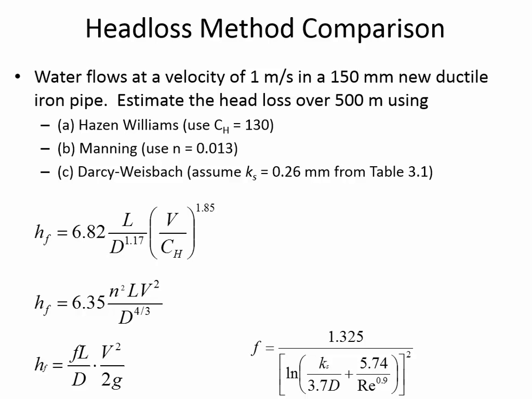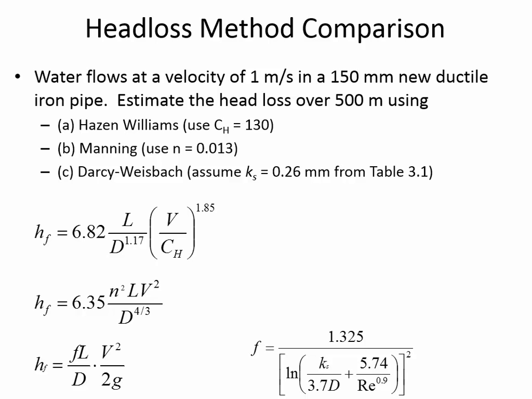And we haven't even started the substitution into the Darcy-Weisbach equation itself yet. We're still just focusing on how rough is the pipe for these conditions. In the other two methods, how rough is the pipe in these conditions isn't a question you even ask. It's just, here's the roughness value for the pipe. It's not condition specific. But now that we have the f value, we can substitute it into Darcy-Weisbach.